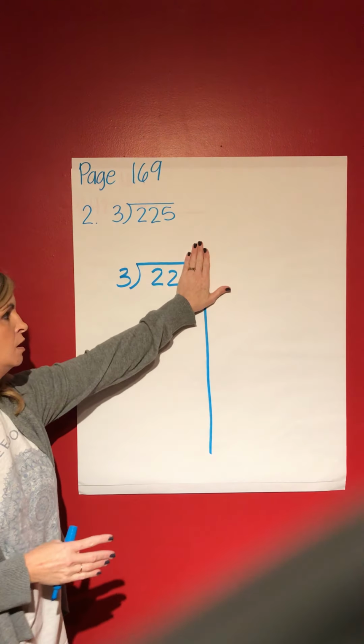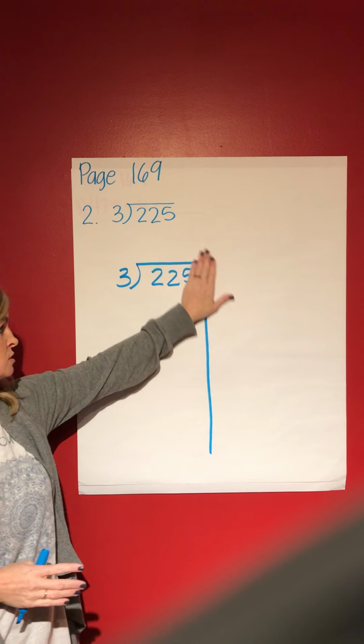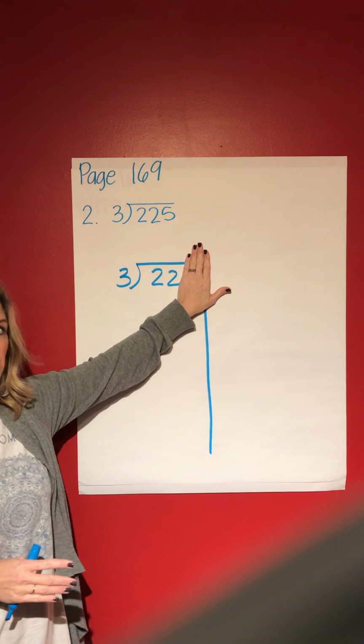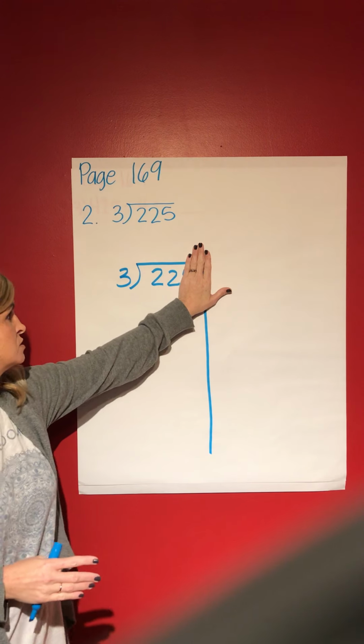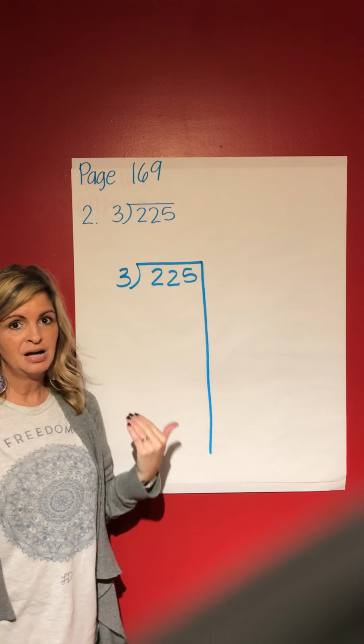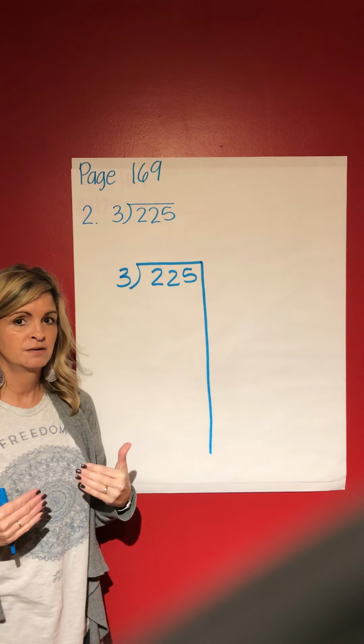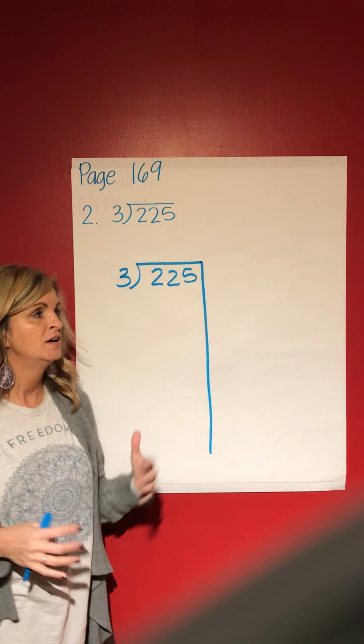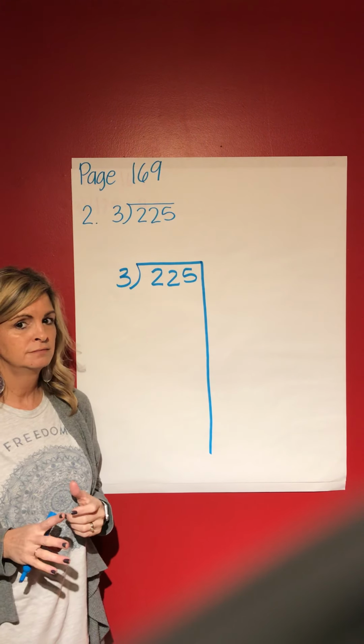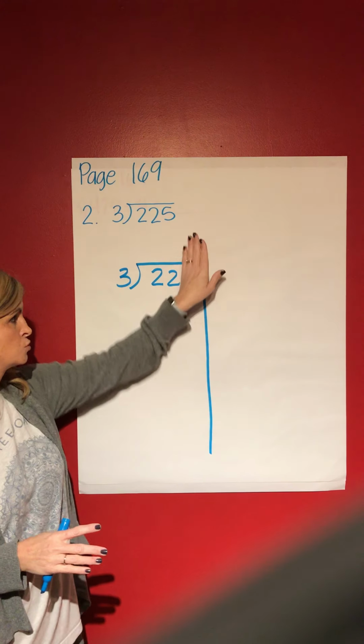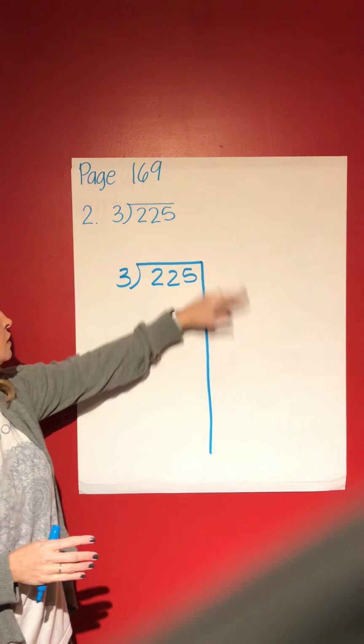If I cover up this third digit in the ones place here, this number 5, I see 22, okay? So I want to think in my mind, is there a number or a factor that I know of that I can multiply by 3 to get 22?